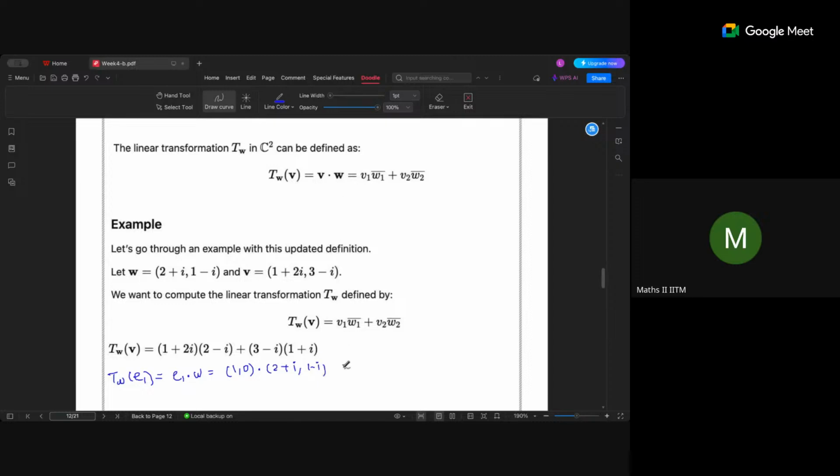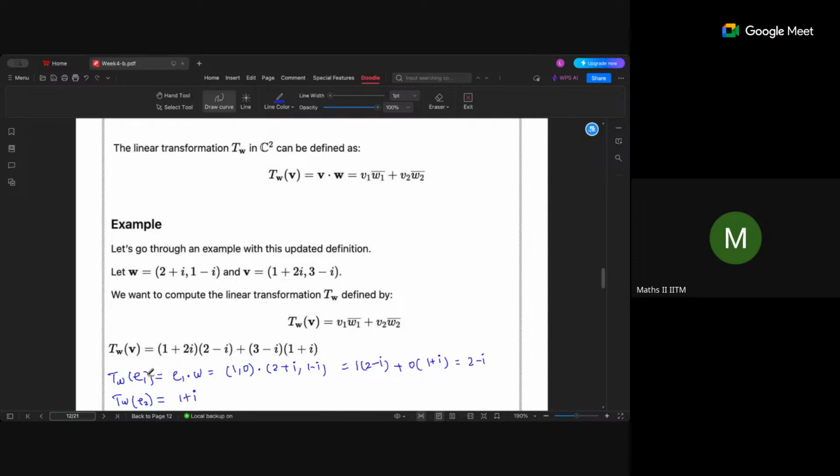So you have 1 times 2 minus I plus 0 times 1 plus I, which is simply 2 minus I. Without computing, can you tell me what TW of E2 will be? Since 2 plus I became 2 minus I, TW of E2 will be 1 plus I, right?